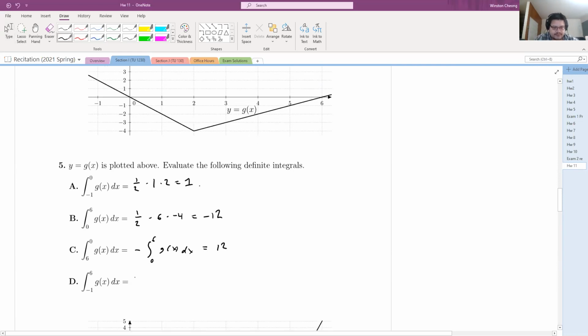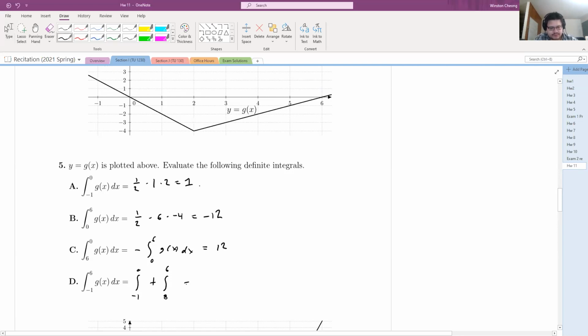So one way you would state this would be, I'm going to abbreviate this. Instead of writing the full g of x dx, I'm just going to put this integral symbol and then plus this integral symbol. Just know, you're not going to see that in a textbook. This is just a notational shorthand to say it's the integral of g of x dx plus another integral of g of x dx. So you see that the intervals add up.